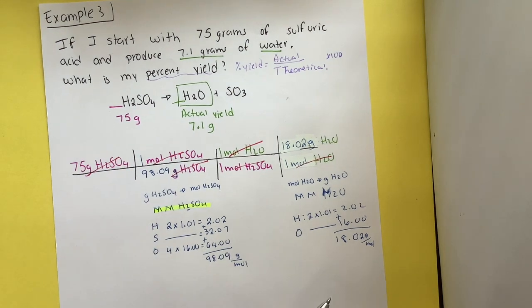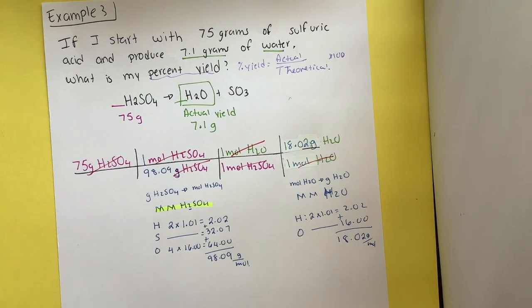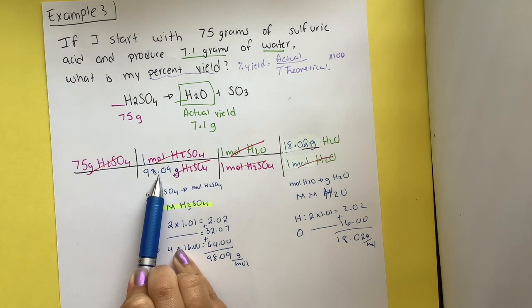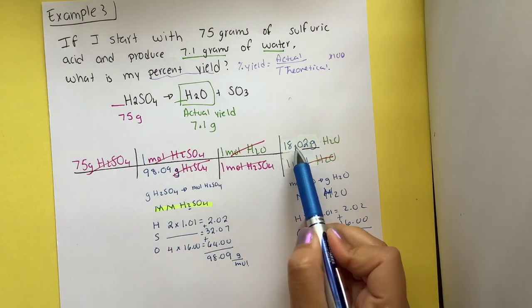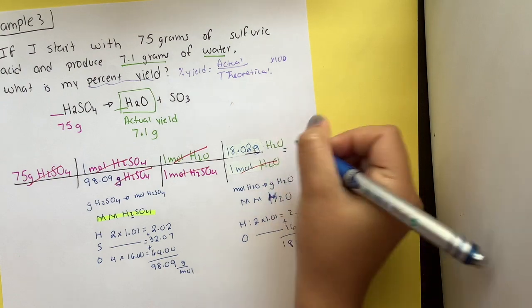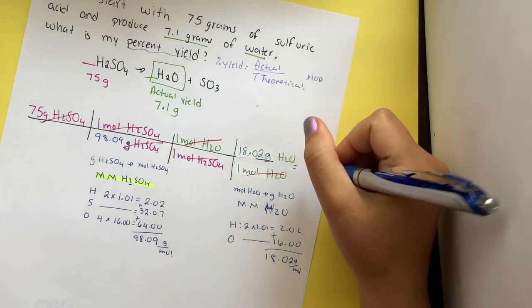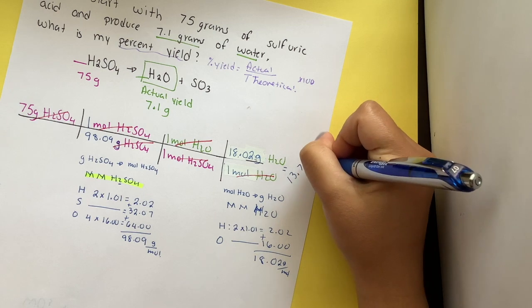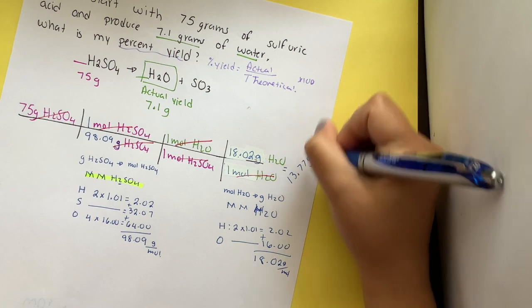Any number that's in the bottom we're gonna divide, and every number that's in the top we're gonna multiply. So we're gonna get 75 divided by 98.09 times 18.02, and that is going to give us, I'm gonna put it sideways because I barely have any space, 13.77 grams of water.